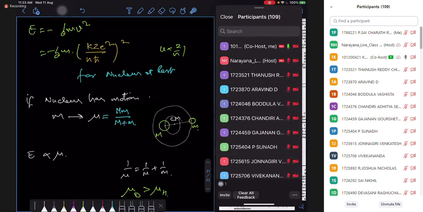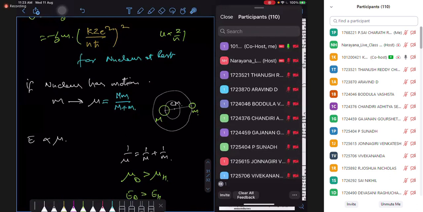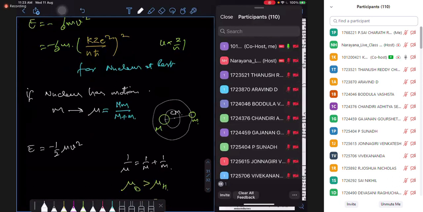So everywhere the electron mass will be replaced by the reduced mass. Energy now depends upon the reduced mass. So the exact formula for the energy, if I write it, will be minus half mu v squared, which is half mu k Z e squared by nh cross. That is my energy if the nucleus has motion.